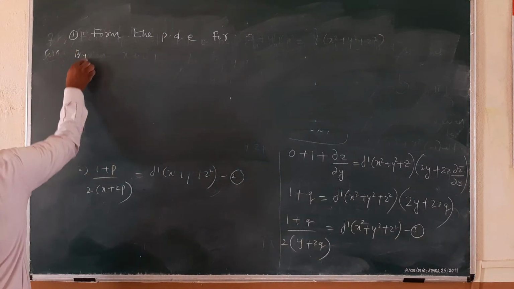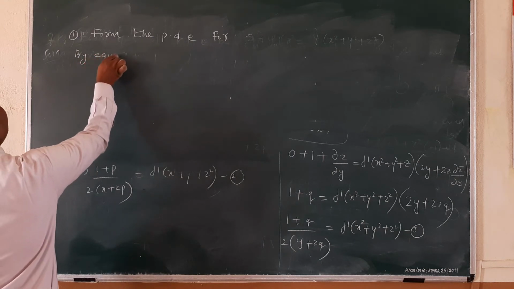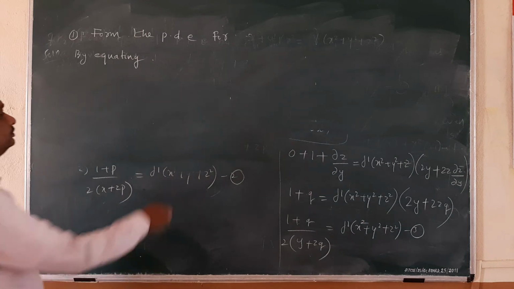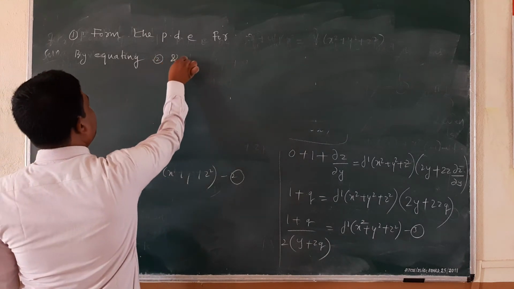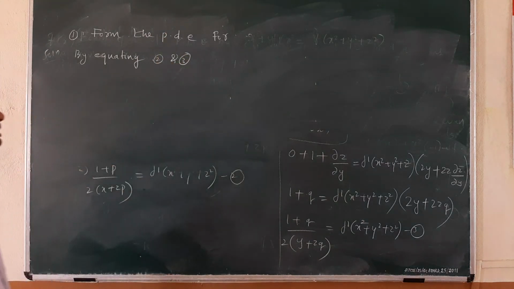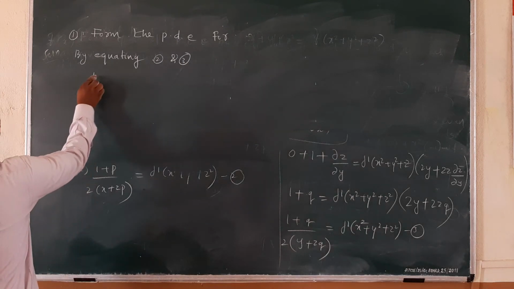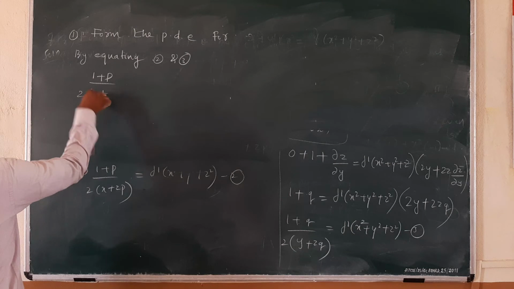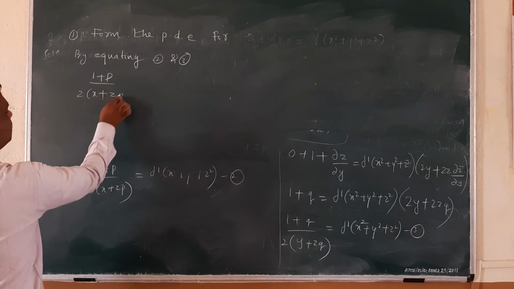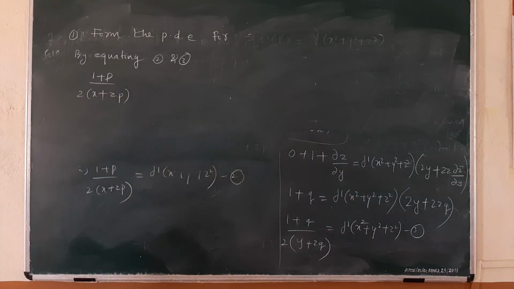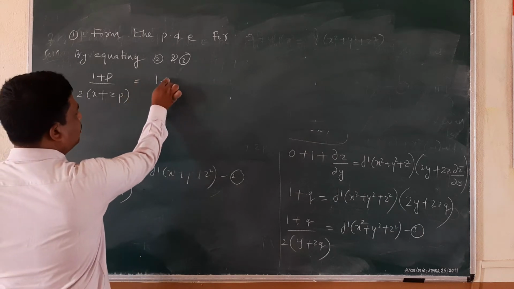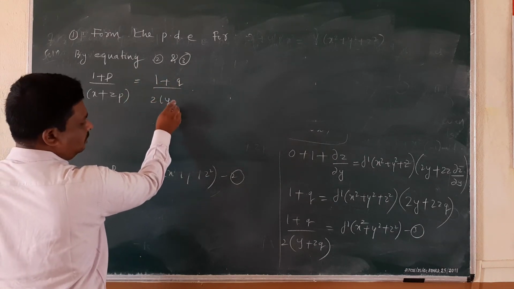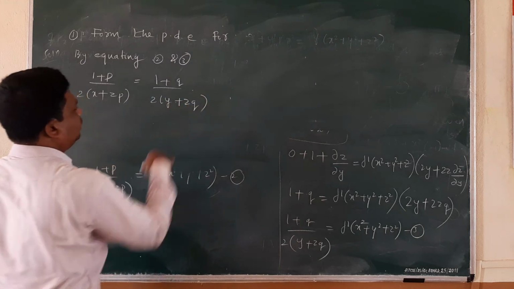By equating 2 and 3, I will get here 1 plus p upon 2 into x plus z into p, which is equal to 1 plus q upon 2 into y plus z into q.